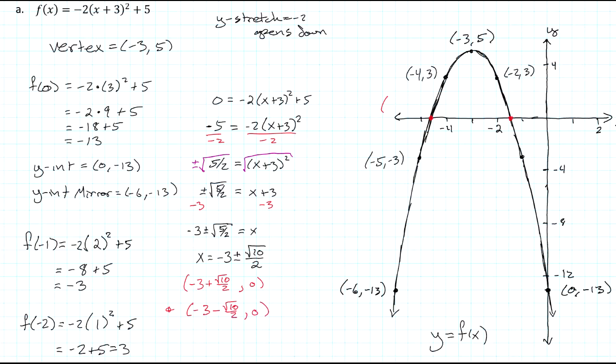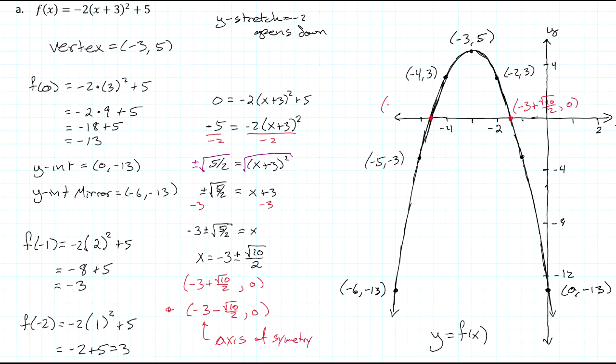So when I have negative 3, this is the axis of symmetry. And then from that axis of symmetry, we're adding root 10 over 2 or subtracting it. So the point on the right is negative 3 plus the square root of 10 over 2, comma 0.